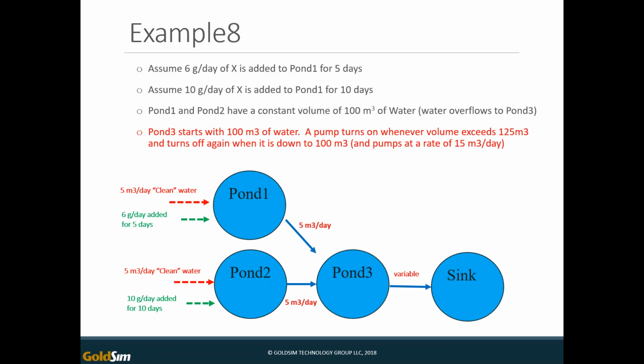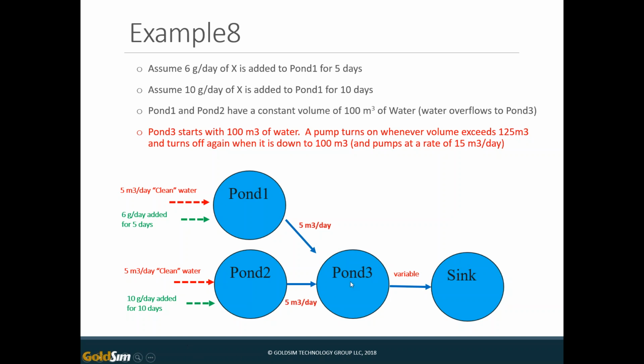Well, here's an example of just that. So in this particular model, it's a little bit more complicated now. Here's what I've said. Pond 1 and pond 2 are still constant volume, and they overflow. So they don't change. 5 cubic meters comes in, 5 cubic meters goes out.